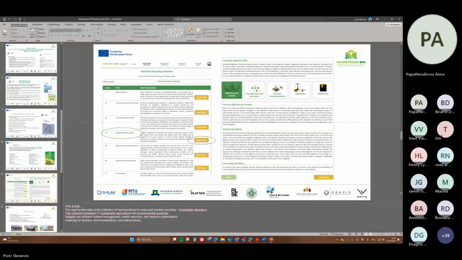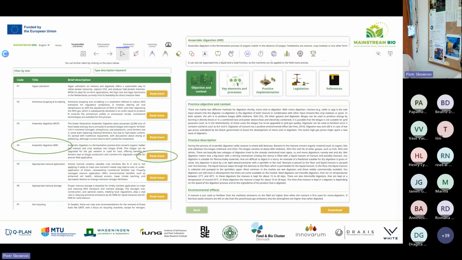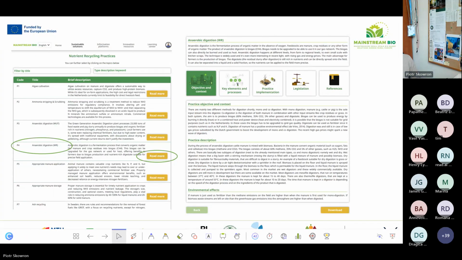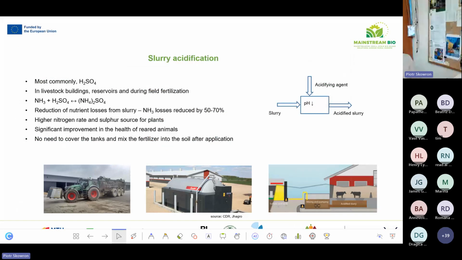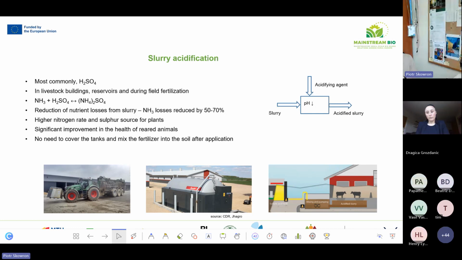Returning to my presentation, I would like to show you two examples of nutrient recycling practices. One is connected with slurry: slurry acidification. You can find a few technologies here, because slurry acidification is a complex of technologies.